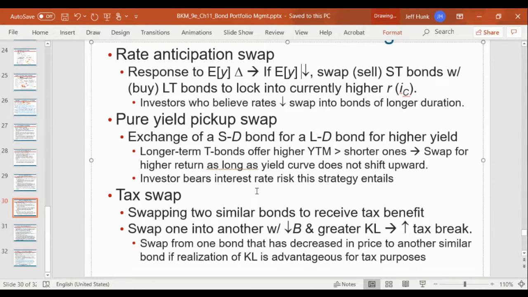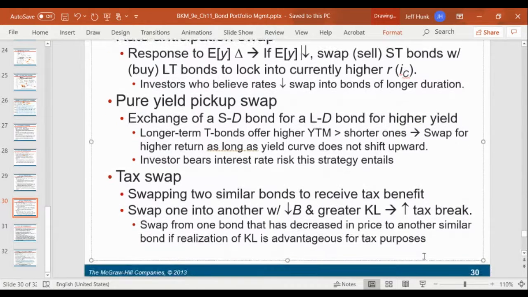So if you want to continue to receive higher yield, it's not the duration that matters. I mean, suppose there's a bond that pays 20% interest for 30 years. I will be happy to park my money there for the next 30 years. Every year is 20%, right? So that's the pure yield pickup swap.